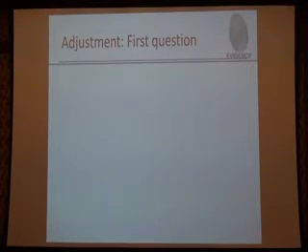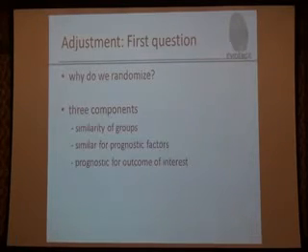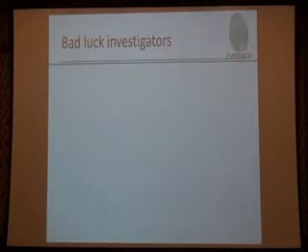So, adjustment: how to correct for baseline imbalance. Why do we randomize? To get 2 identical groups in the baseline levels of the prognostic factors for the outcome of interest.